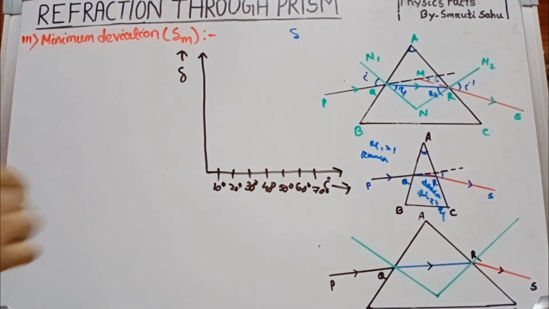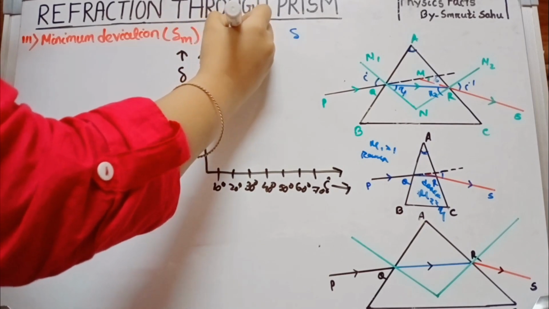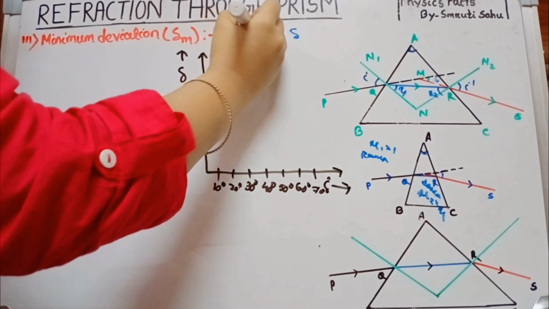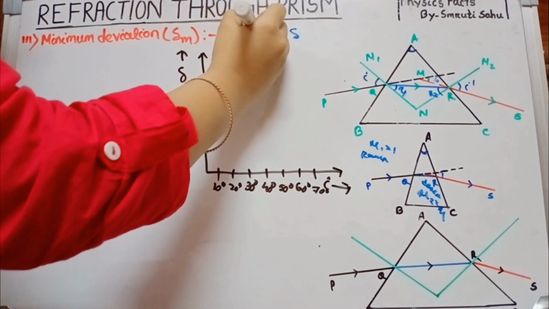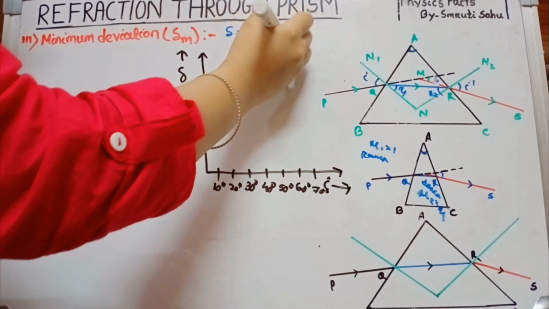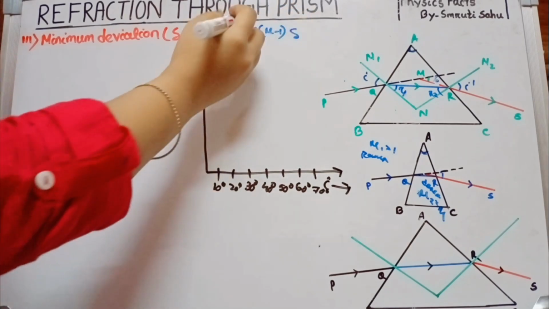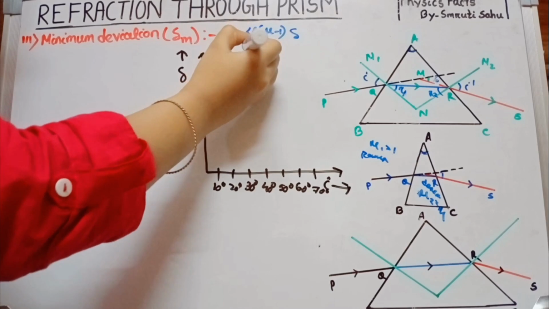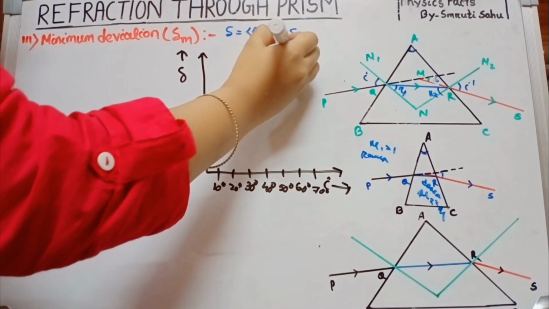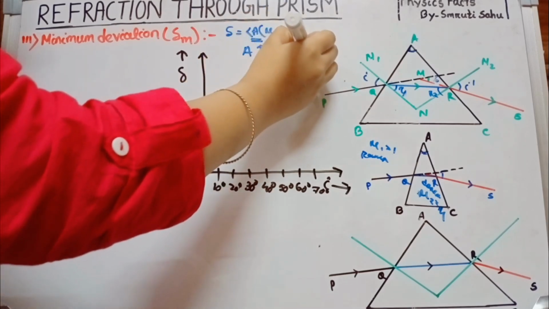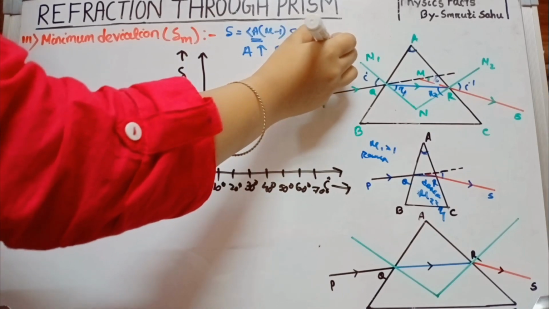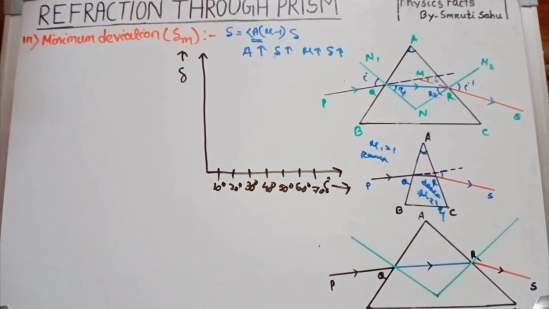As we know, delta depends on angle of prism and refractive index of prism. As we increase angle of prism, deviation angle also increases. As we increase the refractive index of prism, deviation angle also increases.